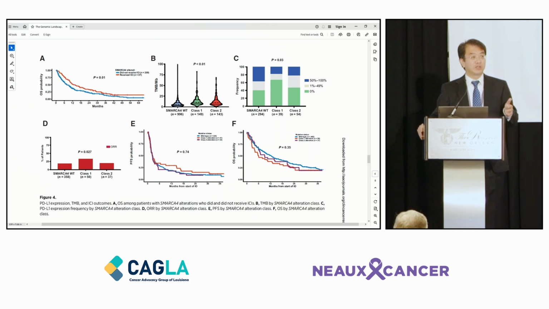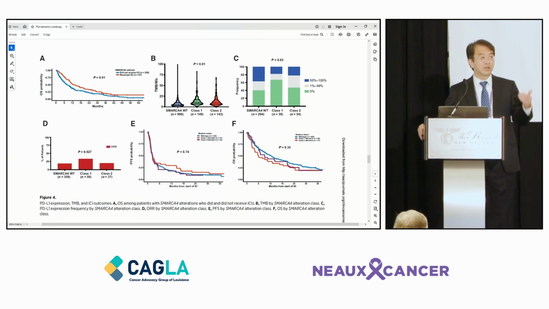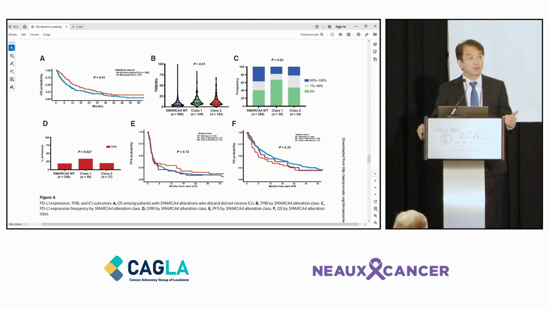So if we put this together, imagine you have a lung cancer and you only use a small panel. You only do PD-L1 and a small targeted panel. You say, okay, I cannot treat this patient with immunotherapy because PD-L1 expression is low, and you don't have EGFR, you don't have KRAS, you don't have anything, right?